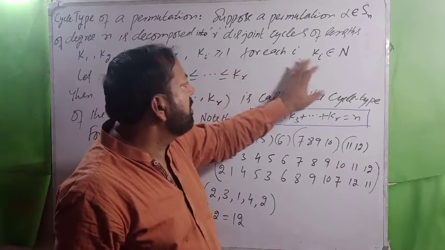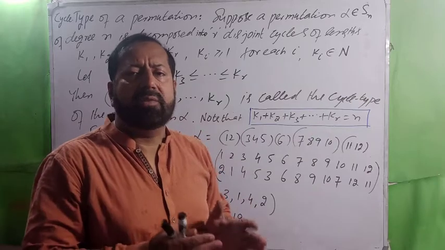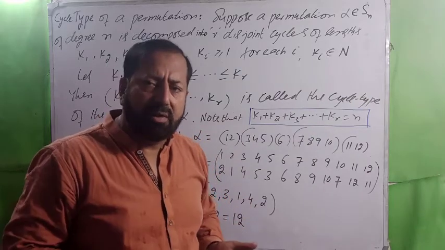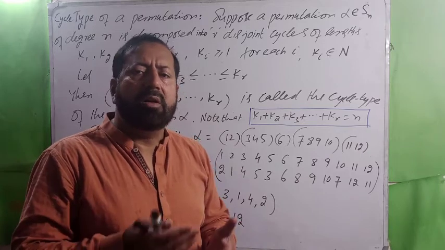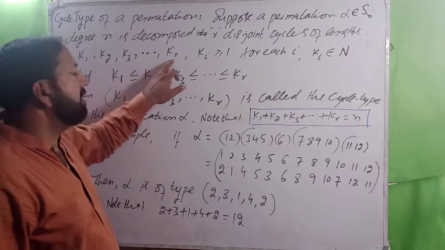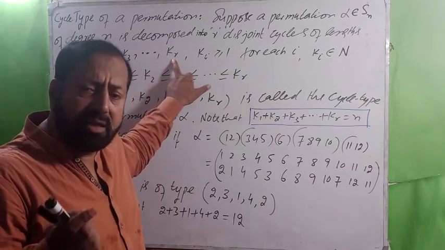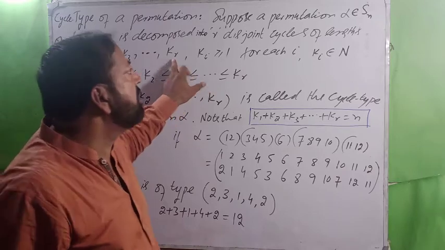For each i, ki of course is an integer, because the length of a cycle is always an integer. A cycle may be of length 1, maybe of length 2, of length 3, and so on and so forth. That's why these ki's are in fact the lengths of the cycles which are appearing in the decomposition of alpha.